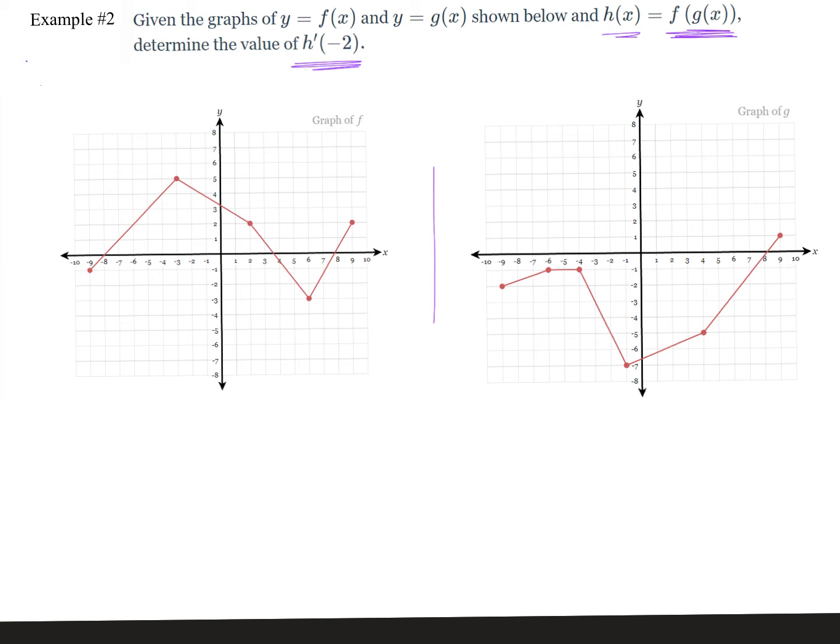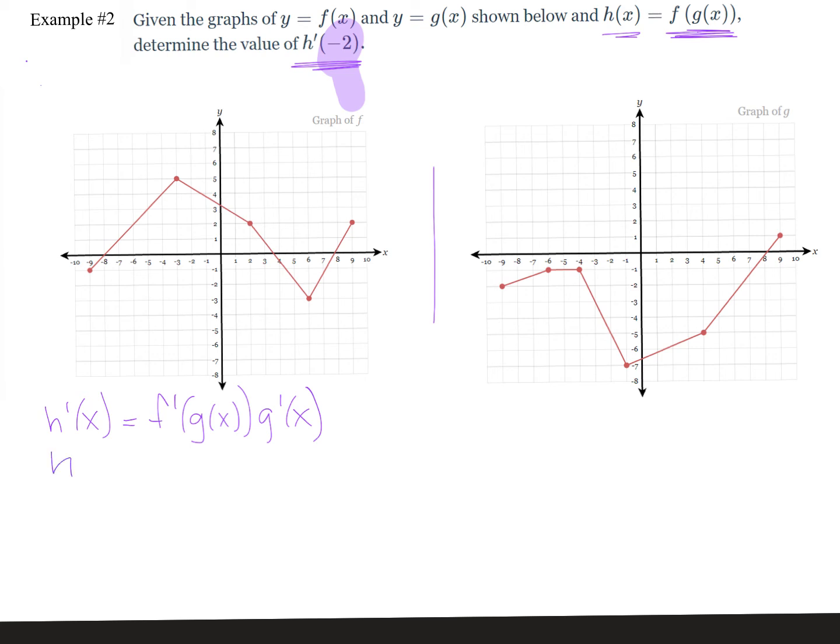We're in luck, we just did this up above. We did h prime of x when we had to use the chain rule. So it is f prime of g of x times g prime of x. There's the chain rule. Now I need to plug in the value that they gave me and see what I can figure out.